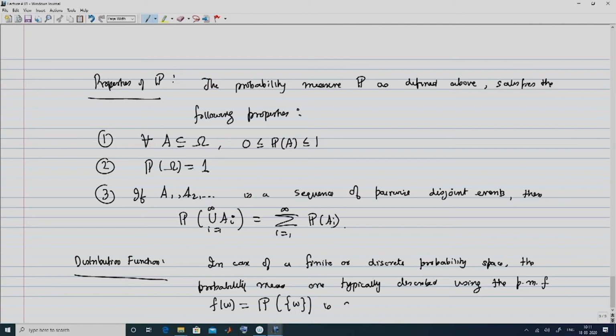This is not easily extendable to continuous probability.